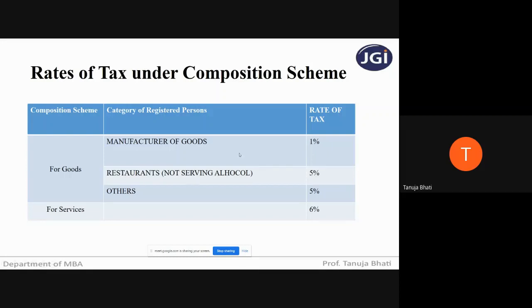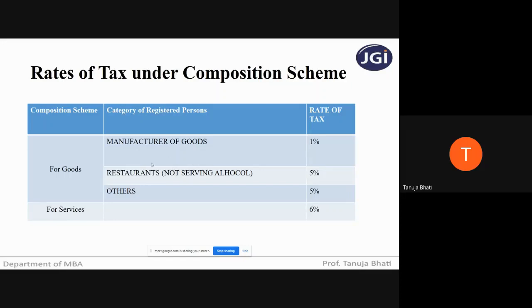So if it is a manufacturer of goods, leaving certain goods, the 1% is applicable only to manufacturers other than four types of manufacturers: those manufacturing ice cream, pan masala, tobacco, and aerated drinks.